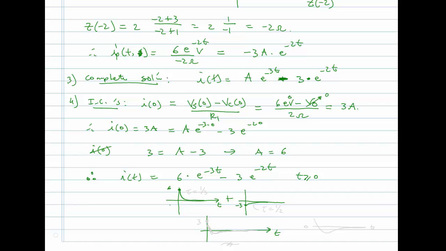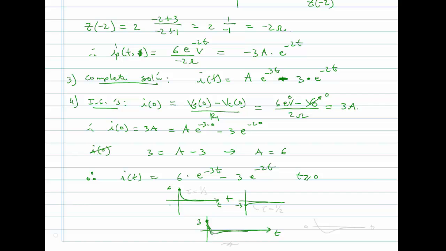At time 0 it will be 6 minus 3, so I'll put 3 up here. And then it'll come down, go negative a little bit, and then do this. Didn't draw that too well. It'll go to 0.